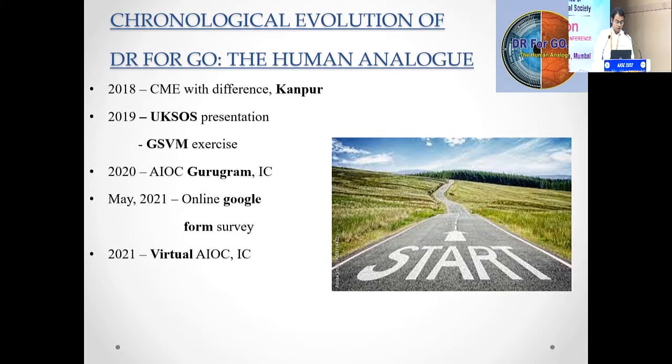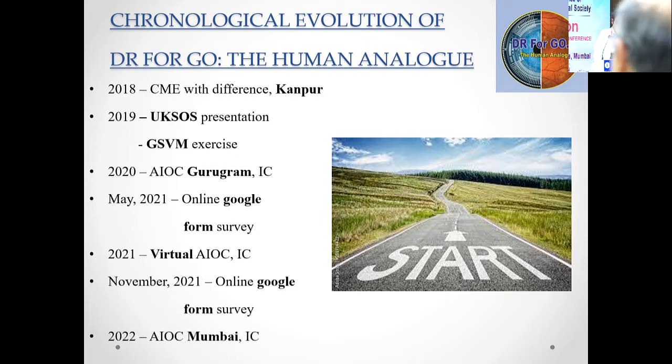Then we went on to a national level at Gurugram, and even through the COVID period, we conducted some online surveys, and we went on to the virtual AIOC. And right now we're presenting this course again at the AIOC Mumbai.